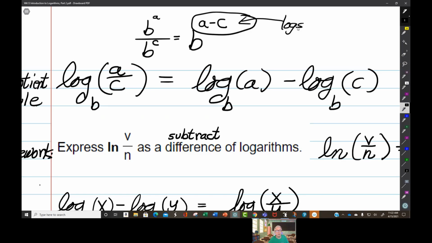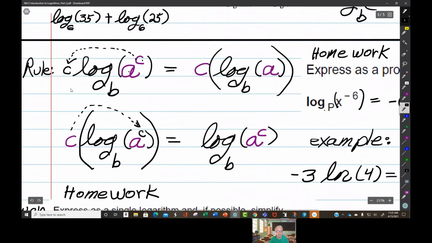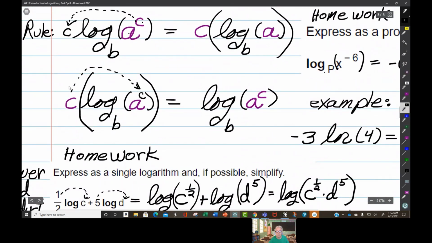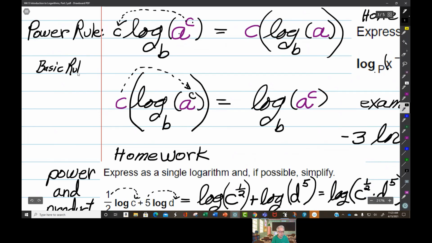Now, what about this power rule? That's pretty ugly, at least in the beginning. Well, there's a basic rule, as in beginning algebra.